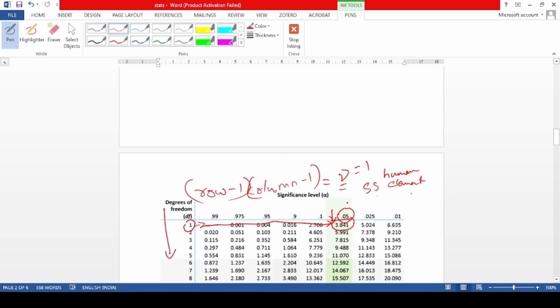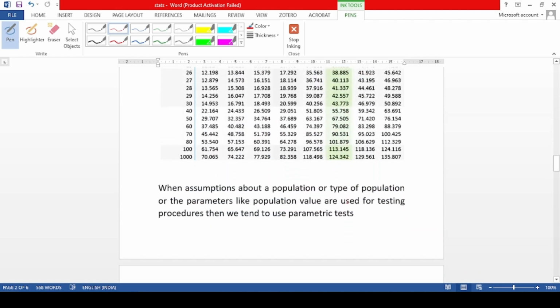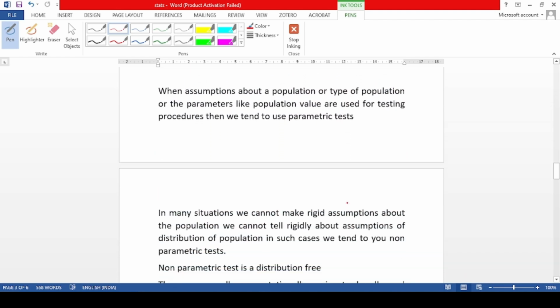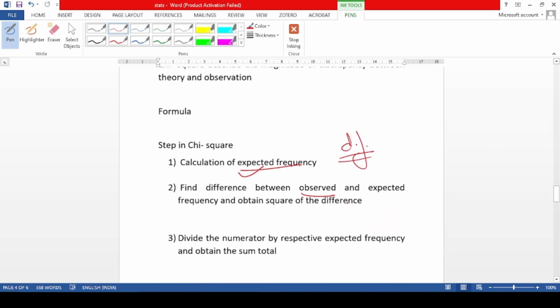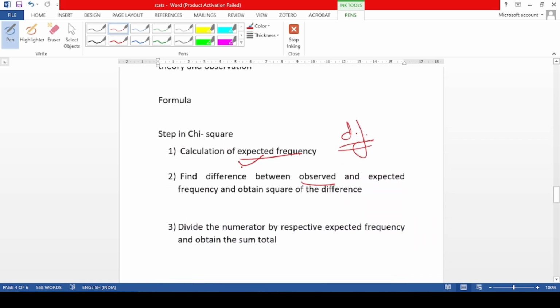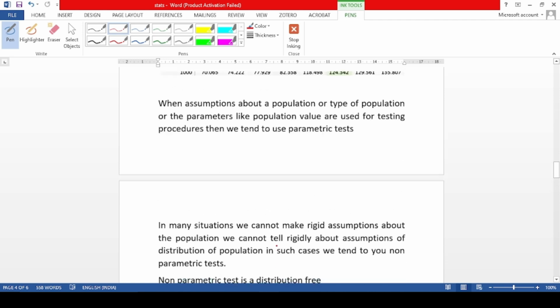Now going to the theoretical characteristics of this test. If we recall the steps, first we calculate the expected frequency. Second, we find the observed frequency, then find the difference between the two, obtain the square of the difference, and finally divide the numerator by the respective expected frequencies to obtain the chi-square.